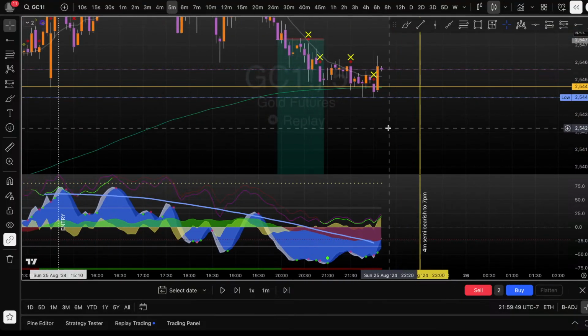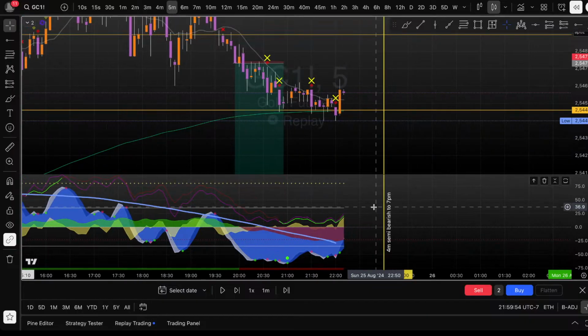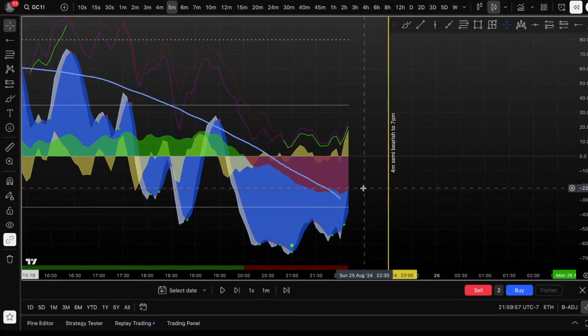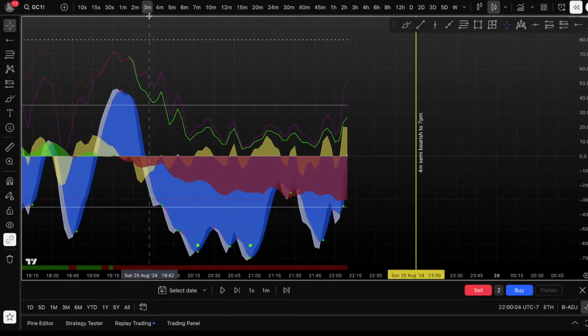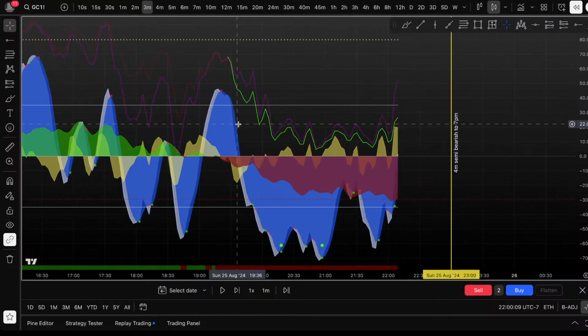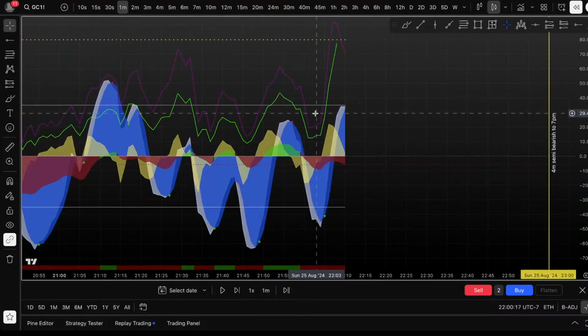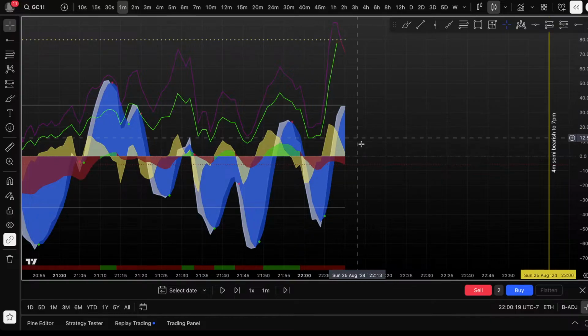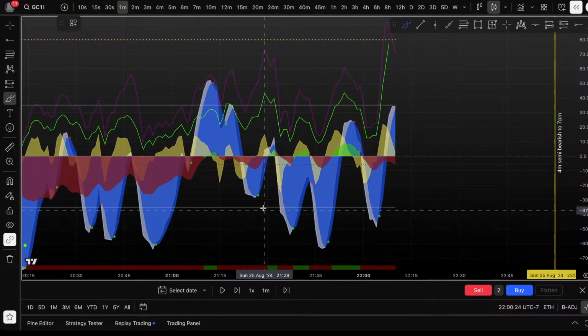Are y'all seeing this? I was really hoping we'd get a push down there. This is some bullish type activity. Look at that.